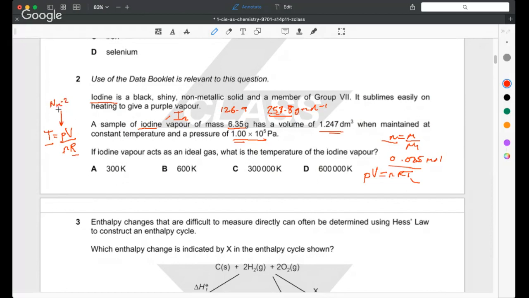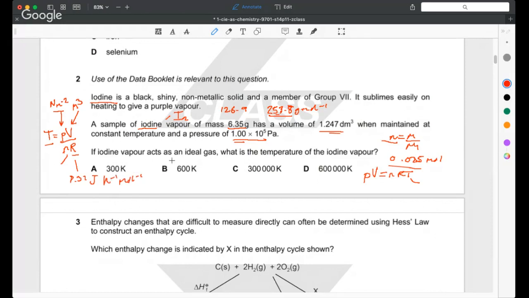And because you're dealing with SI units, newtons per meter squared here, then the volume has to be in SI units as well. So volume is in meters cubed. Well, the SI unit for the amount is moles, we've got that already. And the gas constant is 8.31 joules per Kelvin per mole.